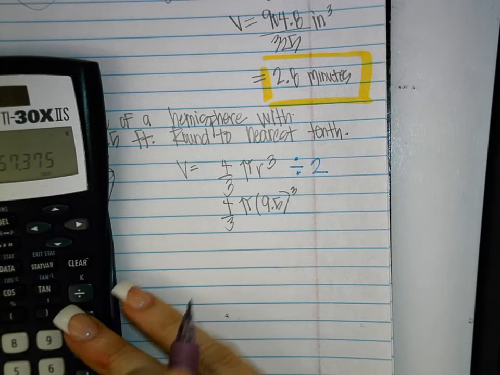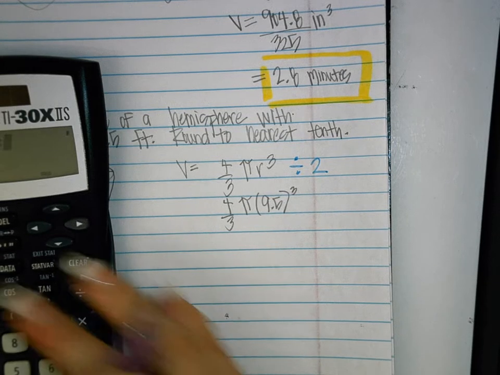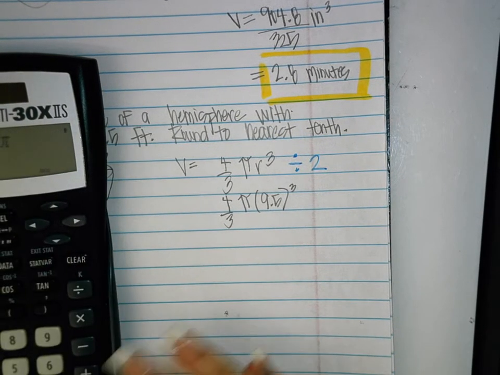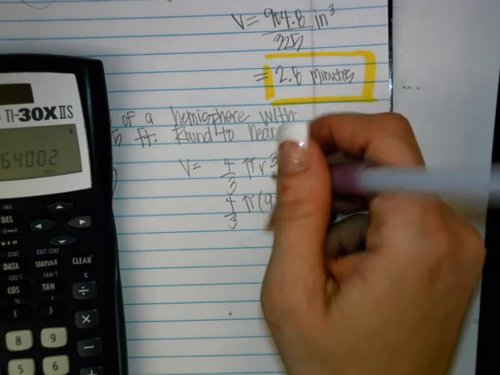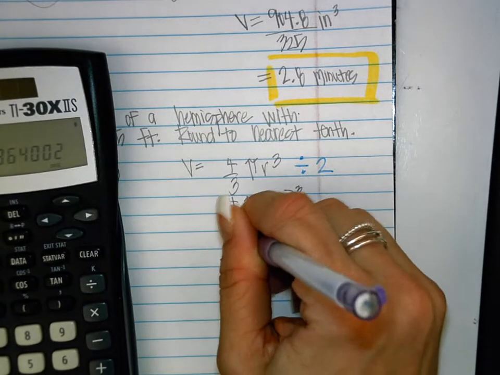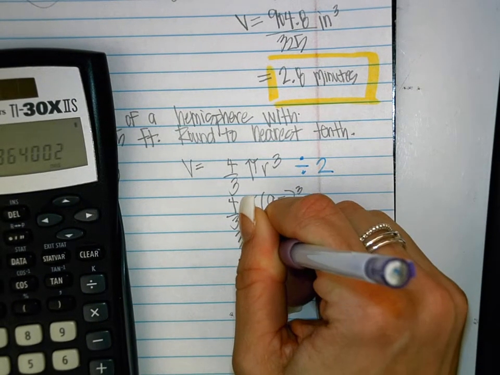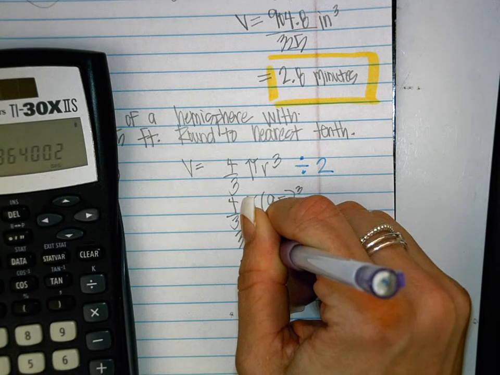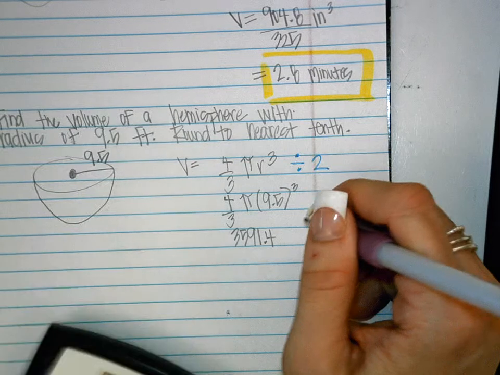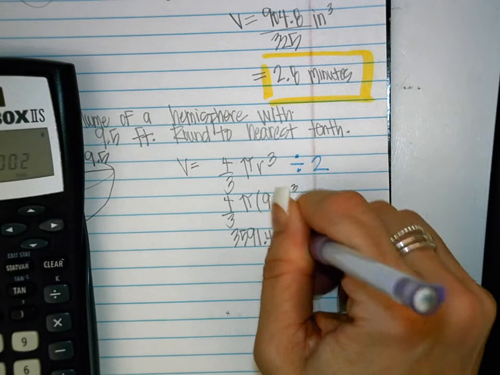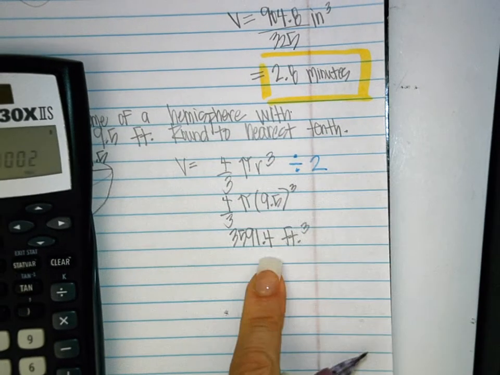Then I'm going to multiply by 4, multiply by pi, and divide by 3. This gives you 3591.4 feet cubed. That's the volume of the whole sphere.